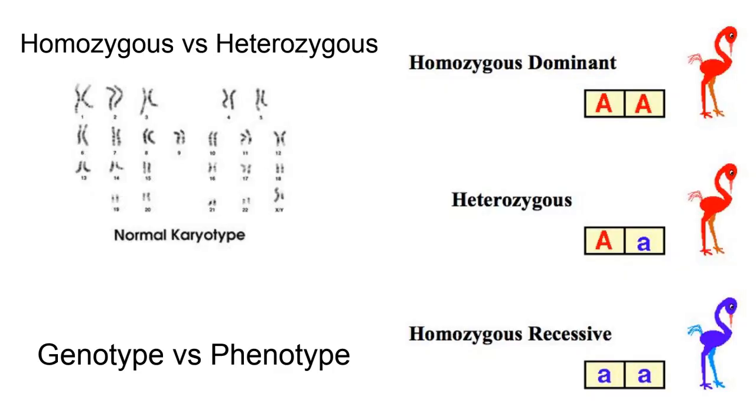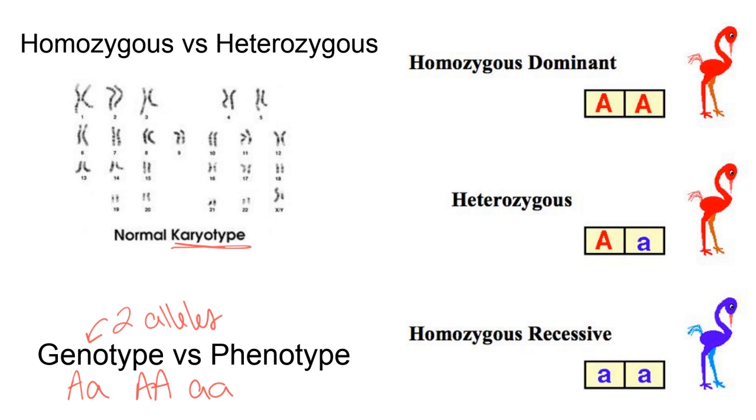Okay, so when we have the pair of genes, that is called our genotype. So let's say I have big A, big A, or big A, little a. That's going to be referred to as the genotype. The genotype will always have two alleles because it's representing what you got from mom, what you got from dad.